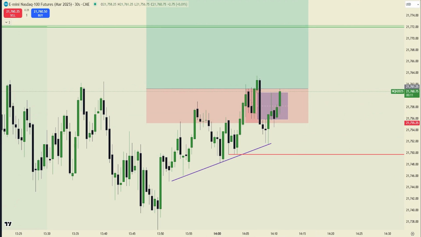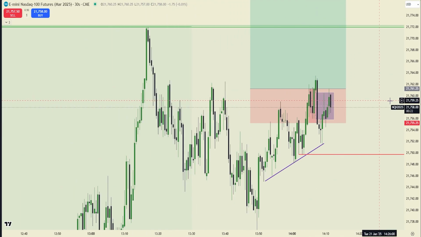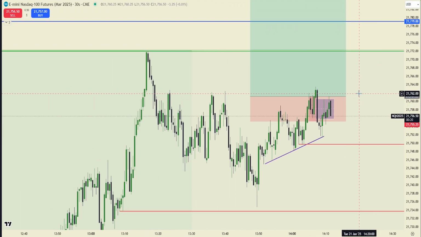All right, so let's see. Is this about to inverse? This is really bad price action, to be honest.